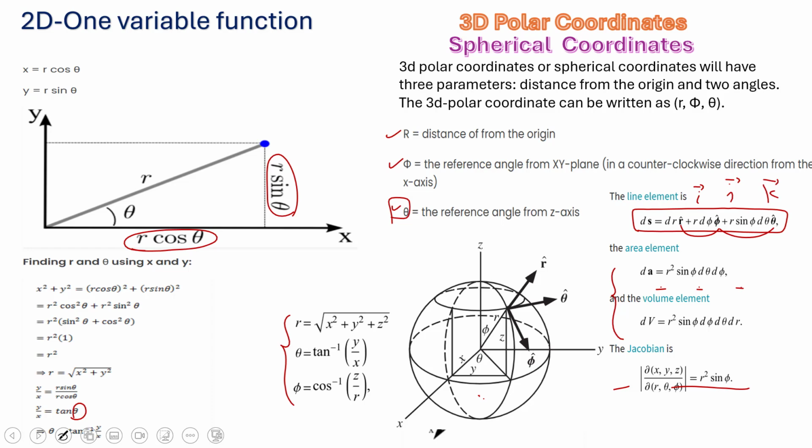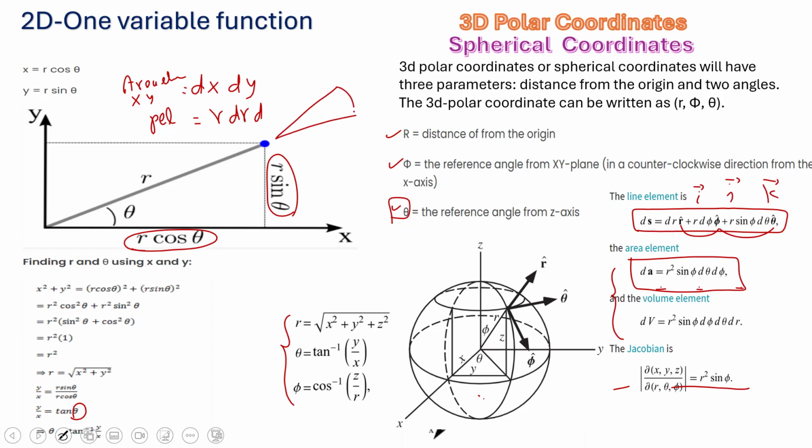The area element in the Cartesian is dx dy, right? This is the Cartesian area element. But the area element in the polar would be r dr d theta. Okay. Why this one? Because this is the area element in the polar.